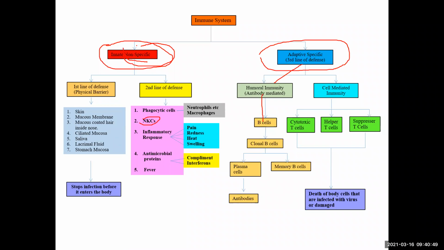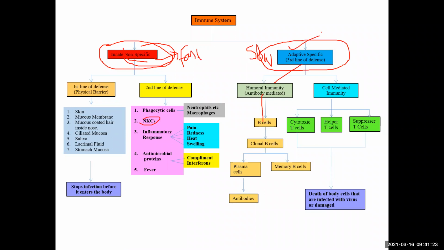The dust particles went into my nose. Within a minute or 3 minutes, I started sneezing because my innate immune response released a lot of histamines, which belong to the non-specific or innate immunity. That is why it's very fast. This one is slow, and this one is very, very fast. It responds immediately, while the adaptive takes a lot of time to respond.